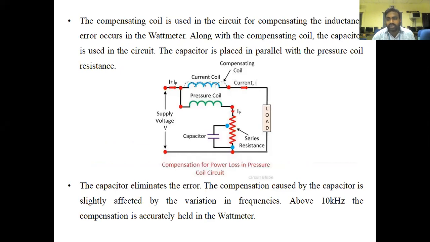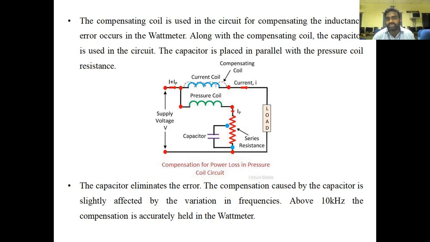In order to eliminate that, we are again using the same concept of compensating coil, but additionally we are using a capacitor here. If we connect the capacitor with respect to the existing resistance, the compensation is created by the capacitor. The capacitor will charge and discharge within an instant of time. There used to be a variation in the frequency, and that creates a particular accuracy.